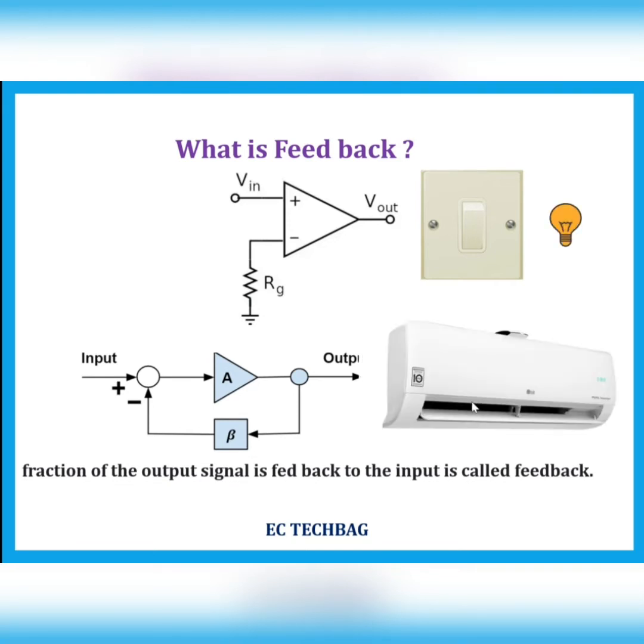If you set any temperature, even though the room temperature varies, automatically the air conditioner corrects its temperature to the set value. So there is a feedback system within this air conditioner. All automatic systems have a feedback. So feedback is the fraction of output which is fed back to the input.